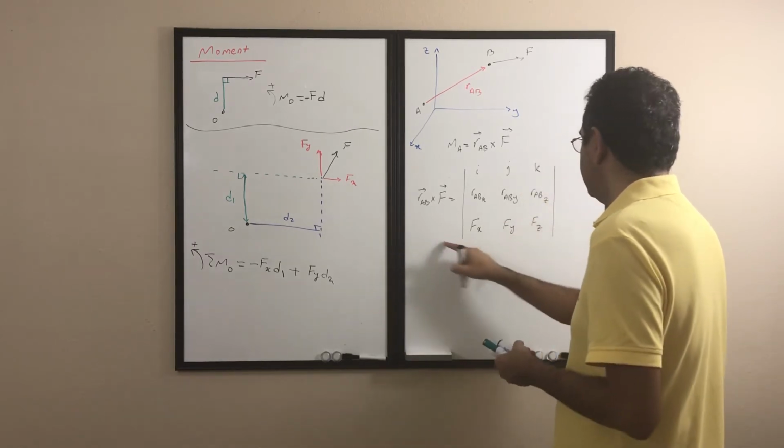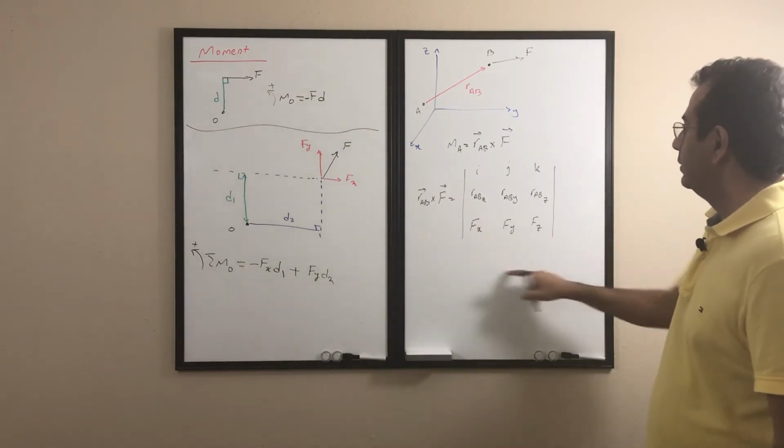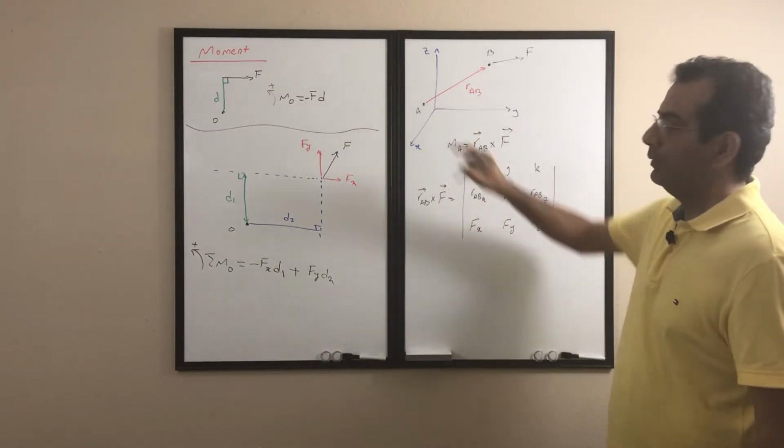So we can calculate this determinant to find that vector. It's going to give us the moment of F about any point.